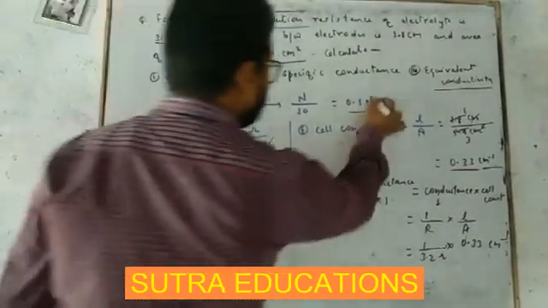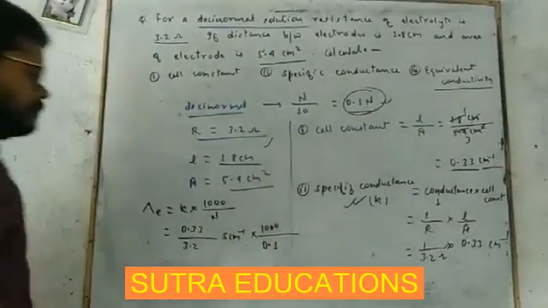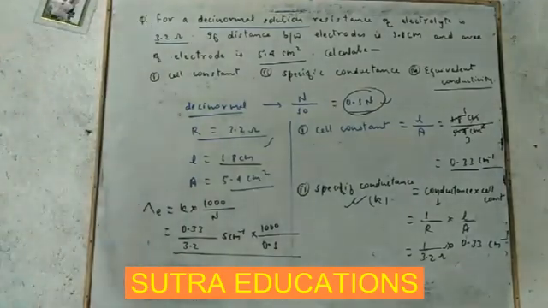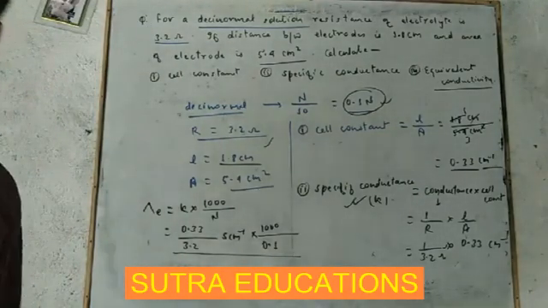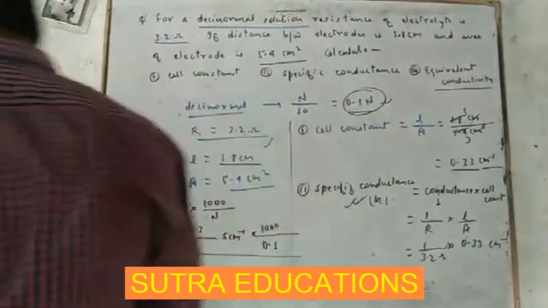Normality is 0.1. So calculate this, you will get the value of equivalent conductivity. Okay. Come to next question.